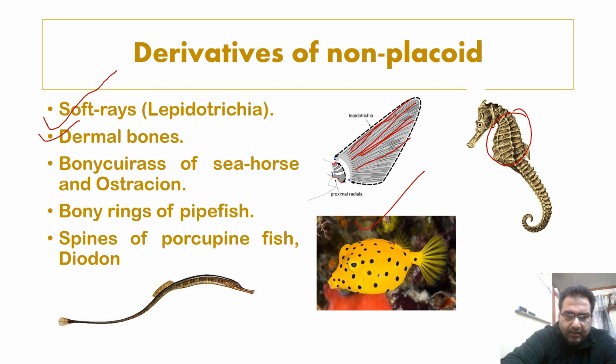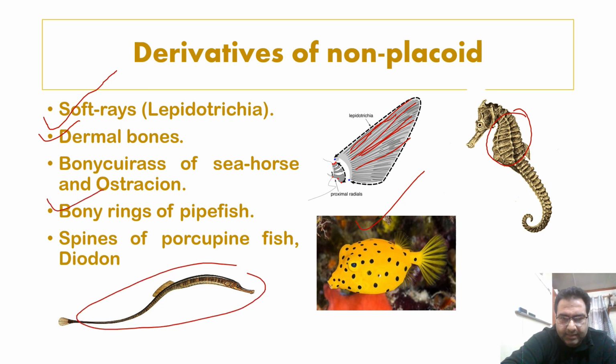Then the spines, the bony rings of the pipefish, are also derivatives of the non-placoid scales. And the spines of the porcupine fish, Diodon, are also derivatives of the non-placoid scales.